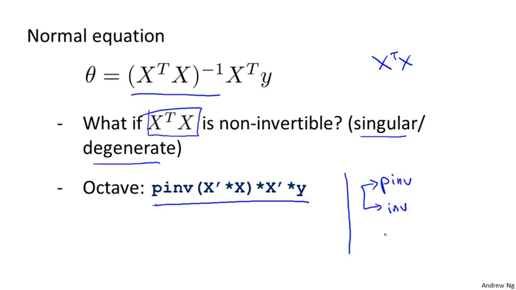One's called the pseudo-inverse, one's called the inverse. But you can show mathematically that so long as you use the pinv function, then this will actually compute the value of theta that you want, even if X transpose X is non-invertible. The specific differences between pinv and inv are somewhat advanced numerical computing concepts that I don't really want to get into.